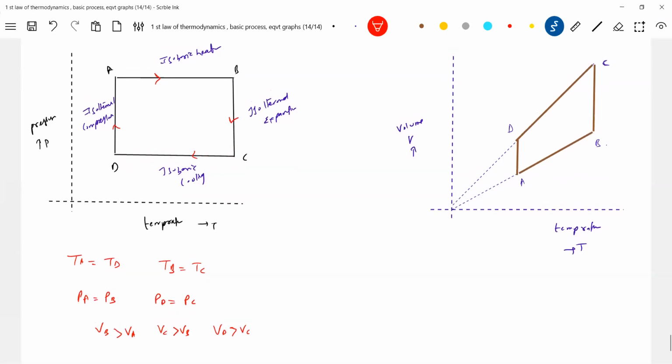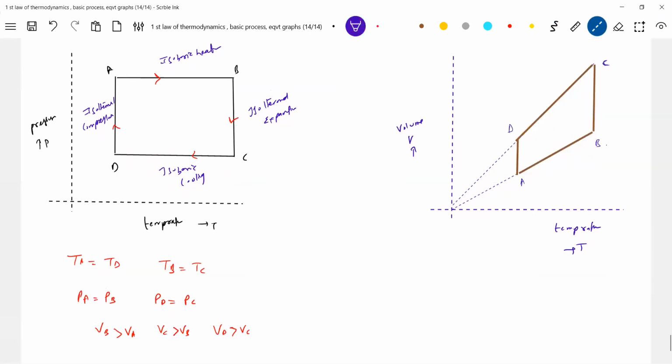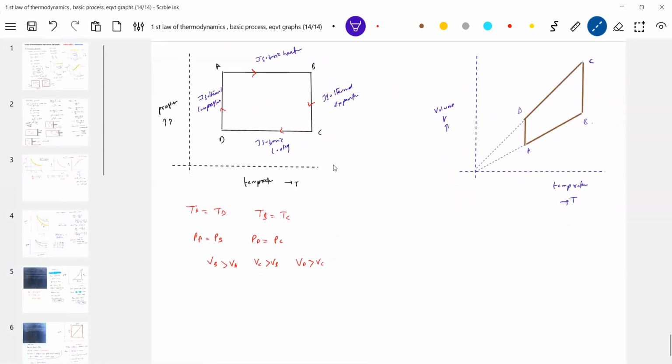Okay, let's go for the graph here. Now what is the thing?